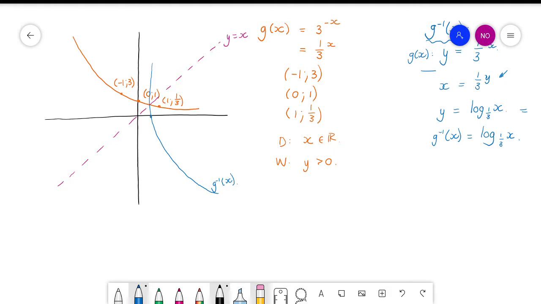Let's just indicate 3 points on that. Do you agree that its x-intercept is going to be 1? Yes. And then this one will become 3 and negative 1. And this one will become a third and 1.